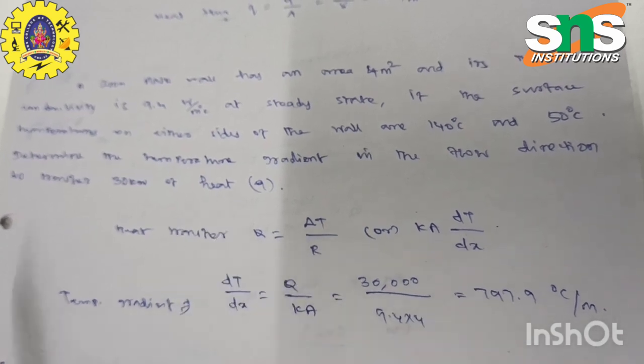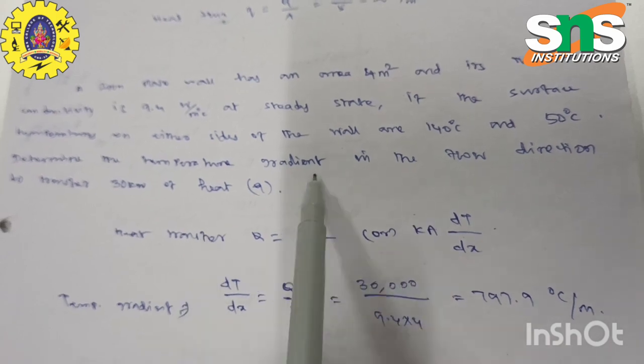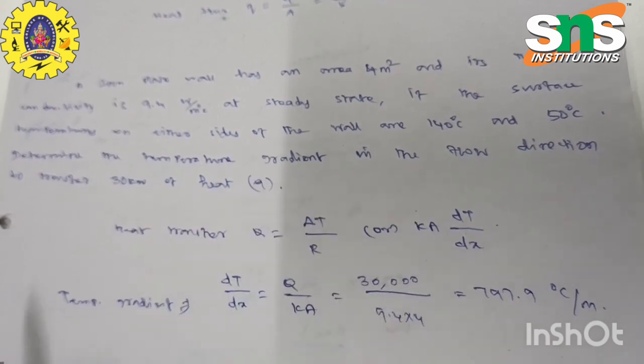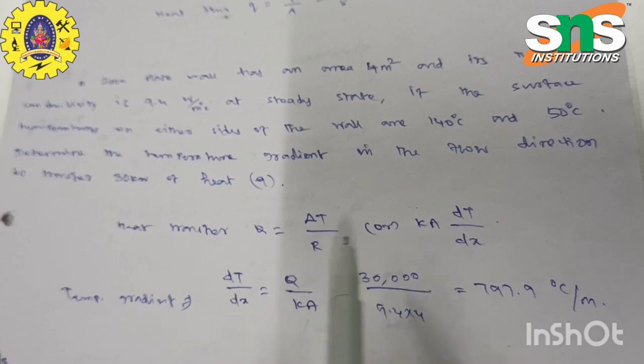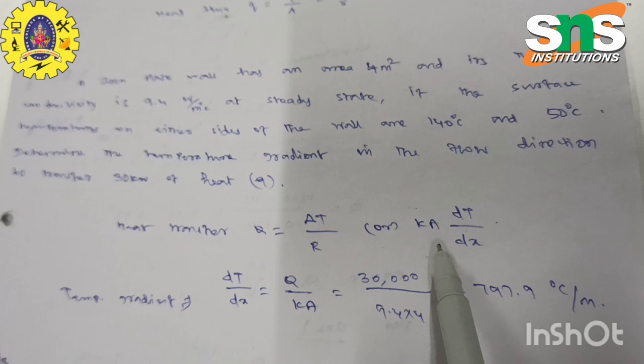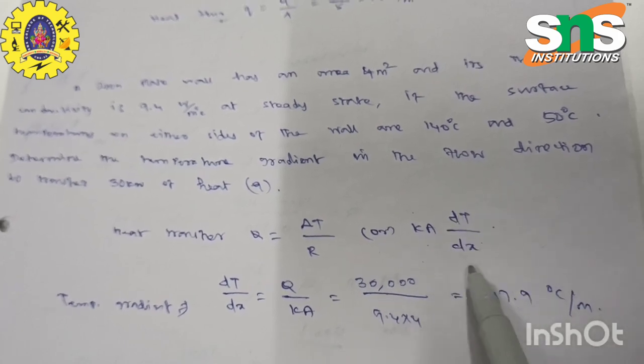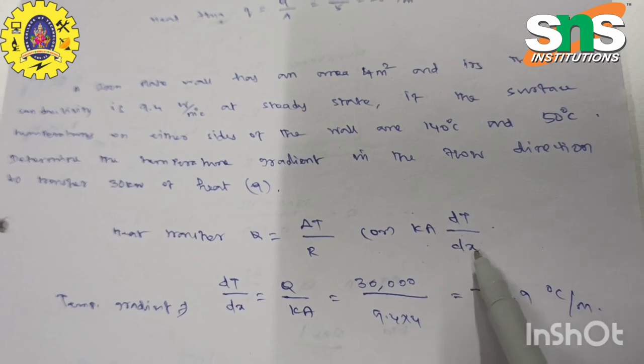So the summary of the problem: we need to find the temperature gradient. For that we use the Fourier equation of heat conduction, Q equal to KA dT by dx, where dT by dx is the temperature gradient.